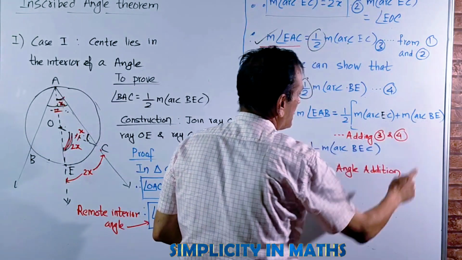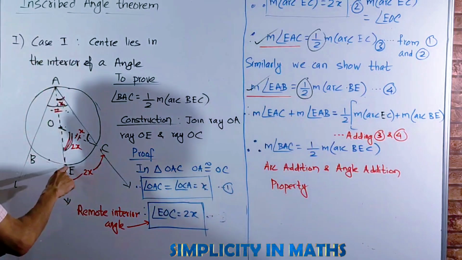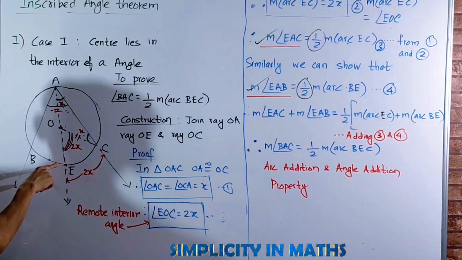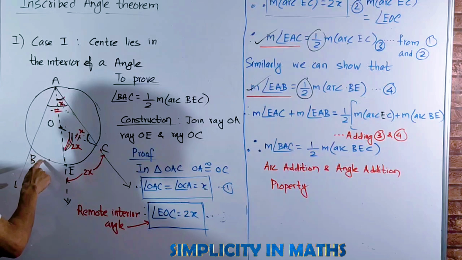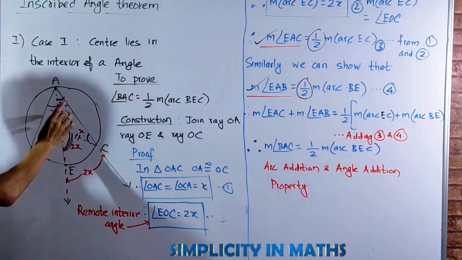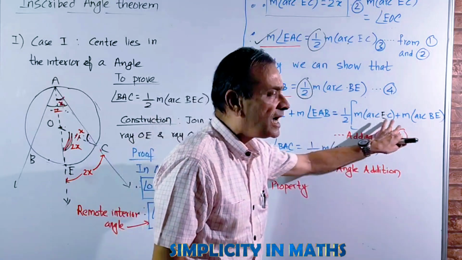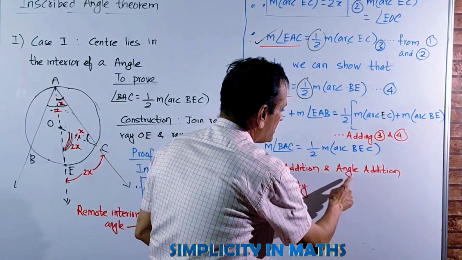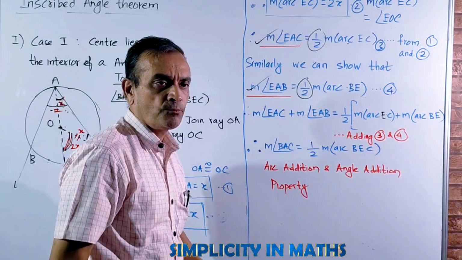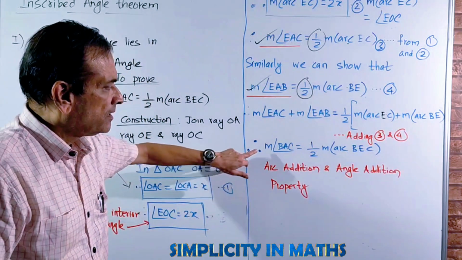This arc plus this arc: measure of arc EC plus measure of arc BE gives you measure of arc BEC. So on the left hand side we have used angle addition, on the right hand side we have used arc addition. With the arc addition and angle addition properties we have got the proof for case 1.